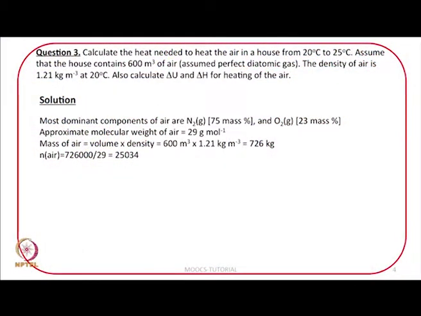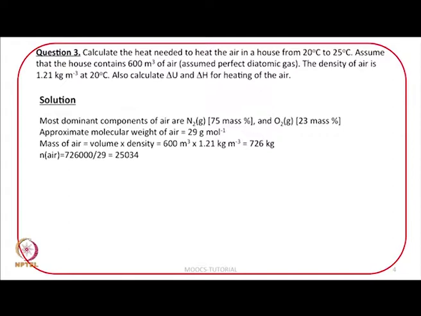The approximate molecular weight of air is 29 gram per mole, and mass of the air can be calculated from volume and density. Mass is equal to volume times density, which is 600 meter cube into 1.21 kilogram per meter cube, which is 726 kilogram.